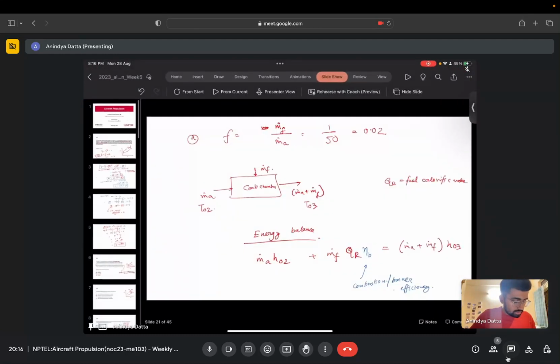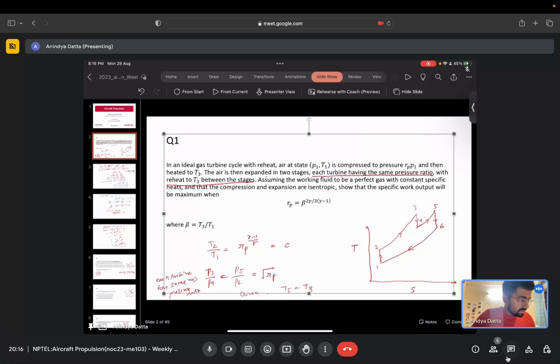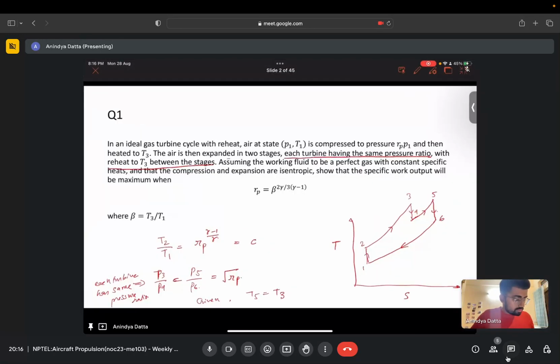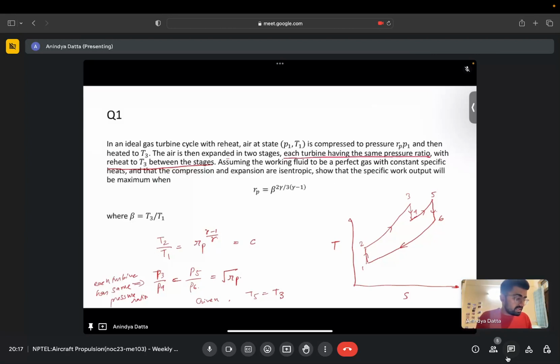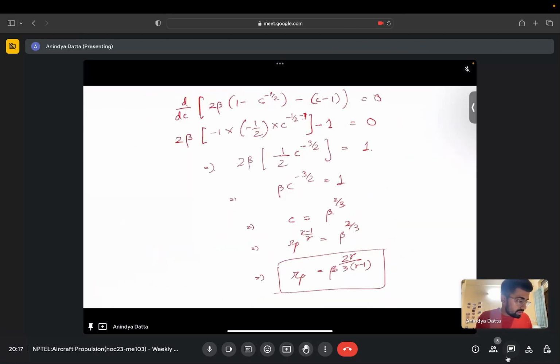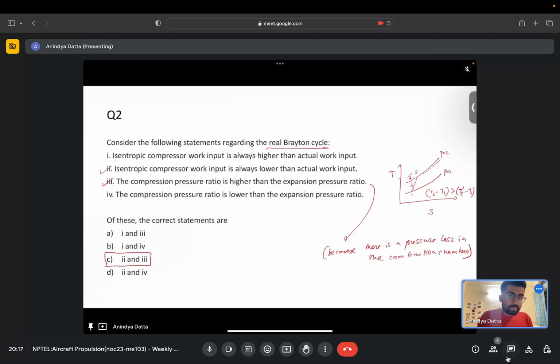Okay, so the first problem was a theoretical problem. We had to derive this condition. We were given a reheat cycle, and we had to find out when the specific work output will be maximum. Okay, the second problem: we have 4 statements given, and we have to find out which is the correct one.